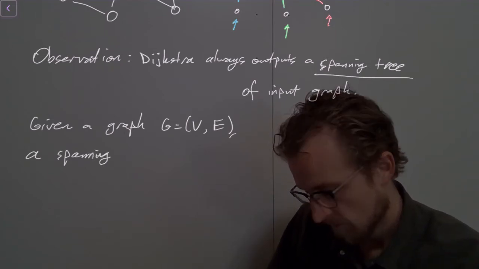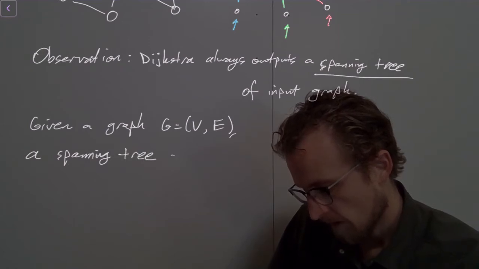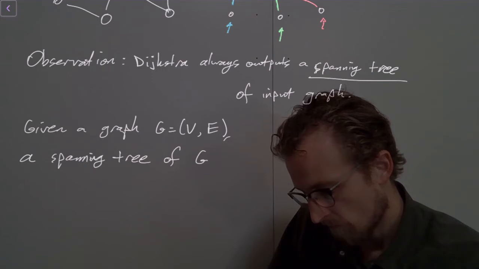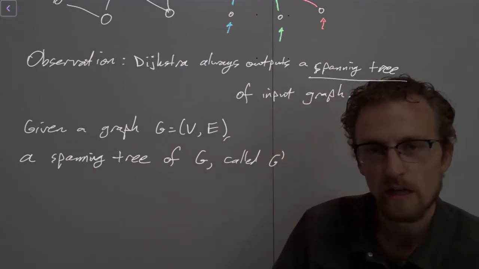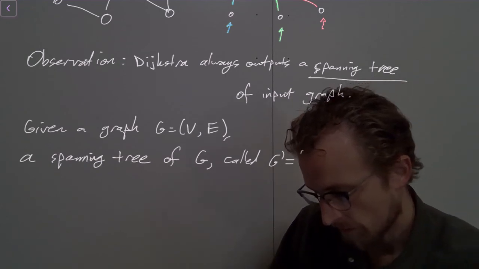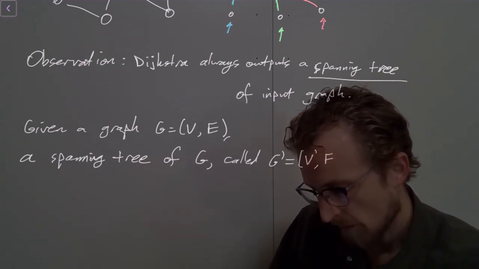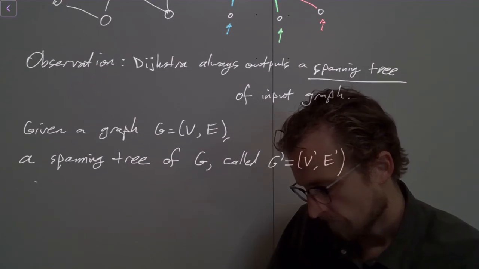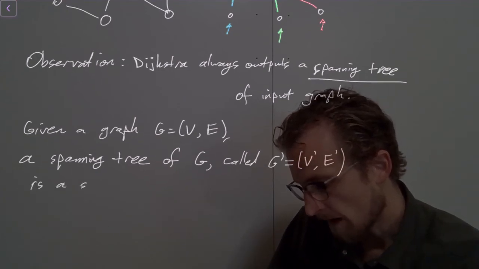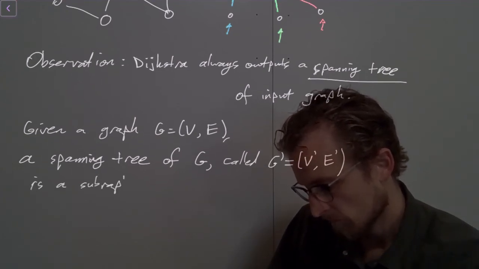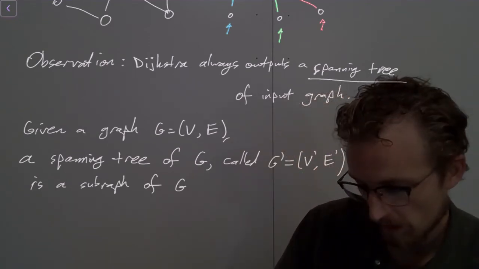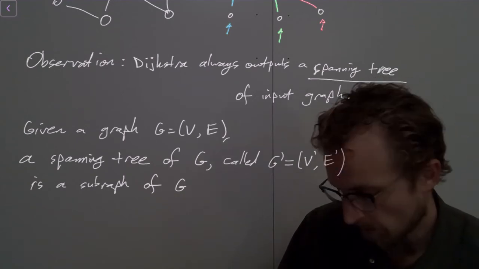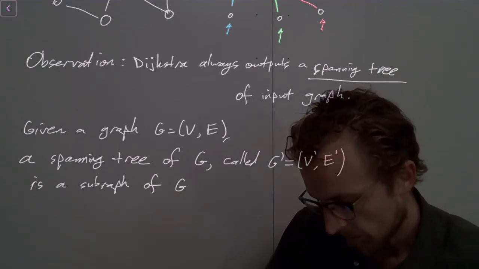A spanning tree of G, which I will call G prime, just to give it a name. So G prime equals (V prime, E prime) is a subgraph of G, and the thing that makes it a subgraph is the following.